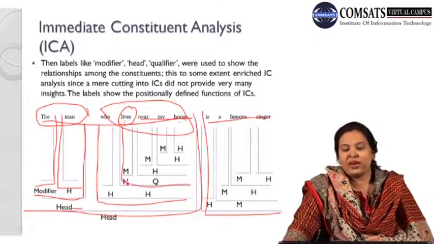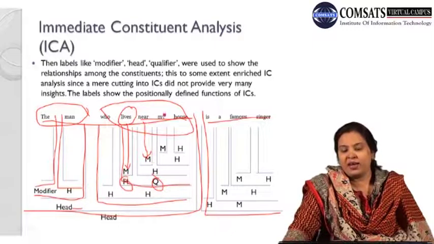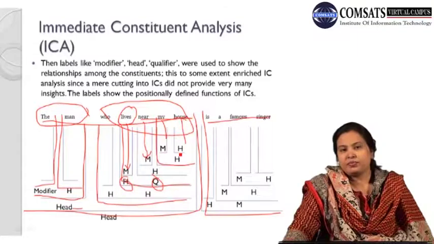So we divided it into this head and this qualifier. And in "near my house", "near" is a modifier, and "my house" is again a head. Inside this head "my house", we again have a modifier "my" and "house" as head.